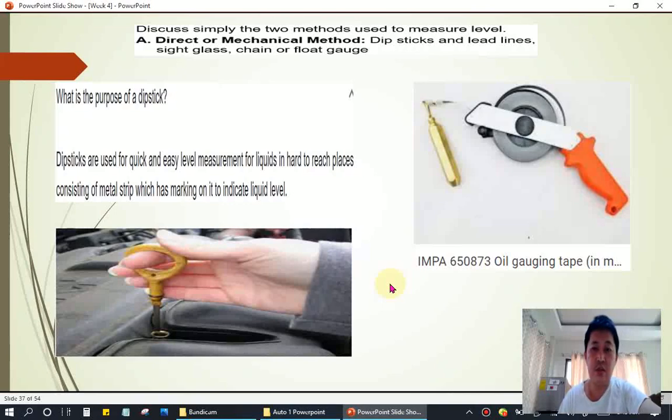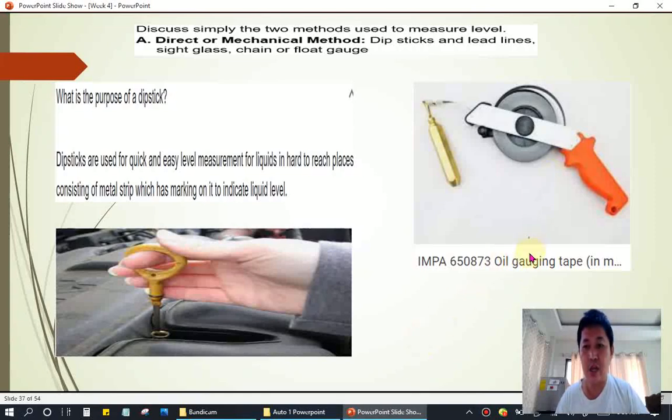For the emergency generator engine, we use a dipstick. But in the main engine, because the tank is too big and the content of the oil is in large amount, we cannot use a dipstick.